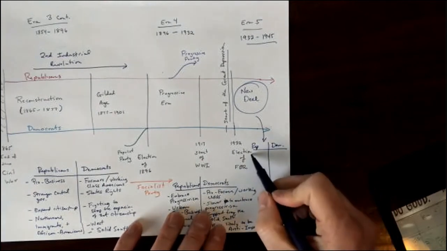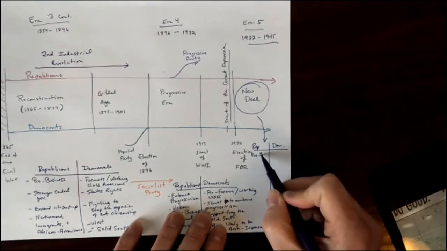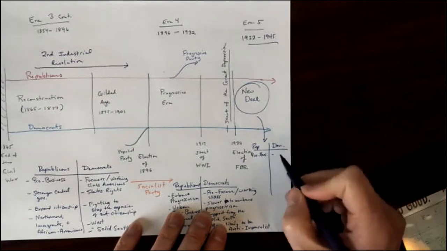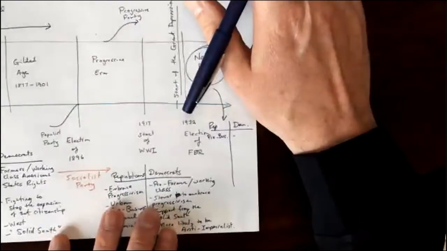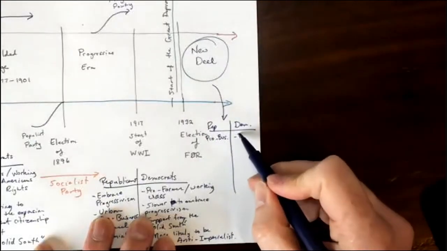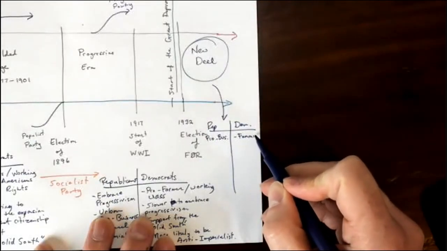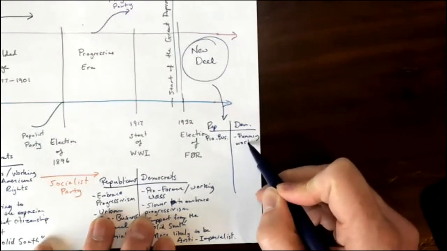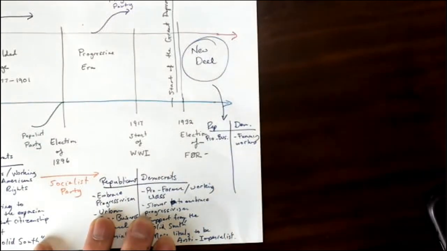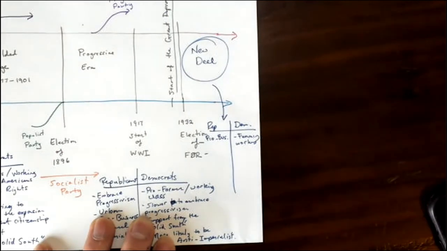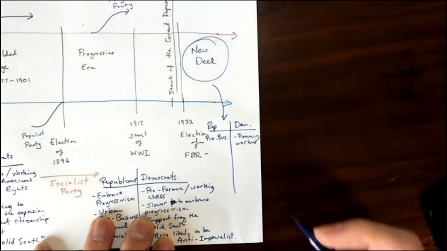Republicans are still going to be pro-business, and Democrats are still going to be for farming and workers. So that's not going to change, okay? But here's where we are going to see a big change.